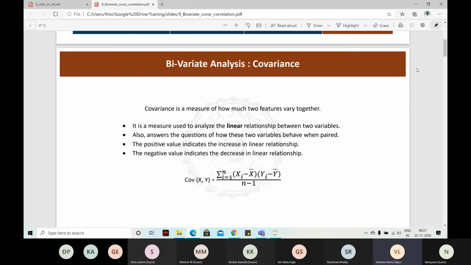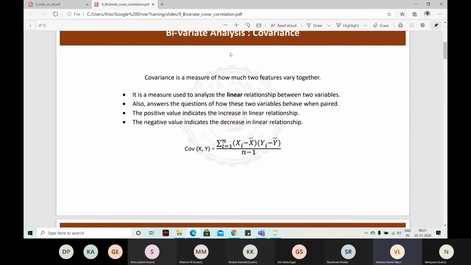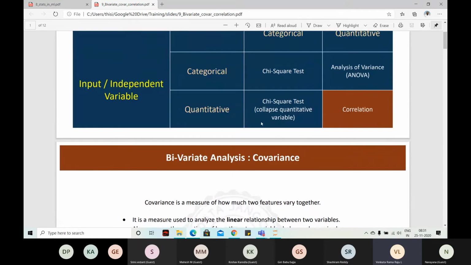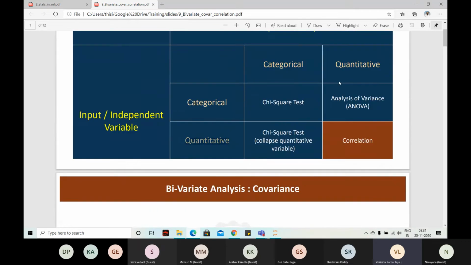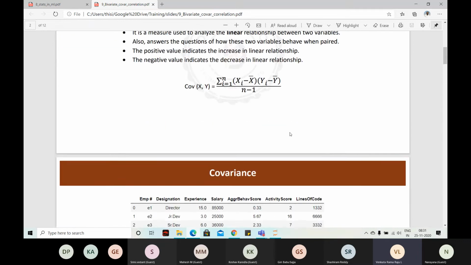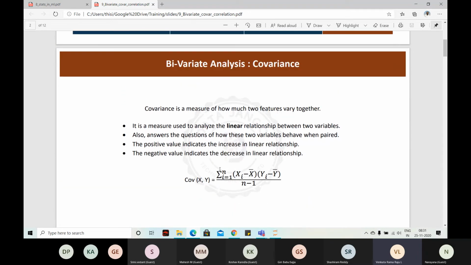Okay, good. So now the bivariate analysis, and we need to understand covariance and correlation. I said that between quantitative and quantitative, it is the correlation test. To understand correlation, you need to understand covariance. This is the formula for covariance.